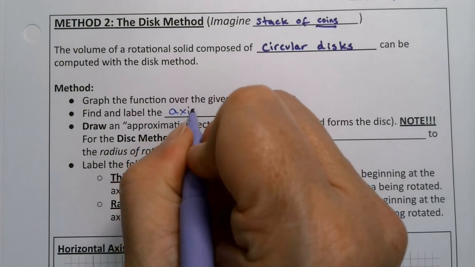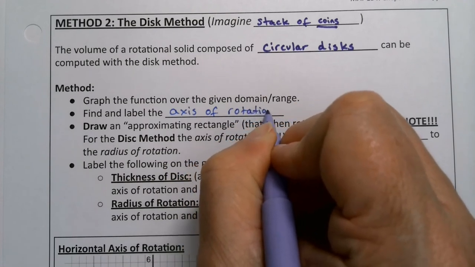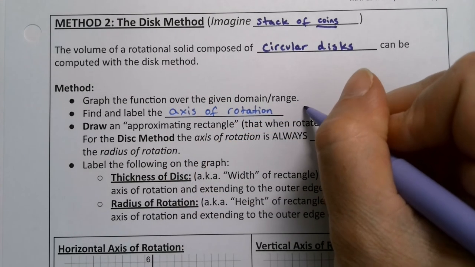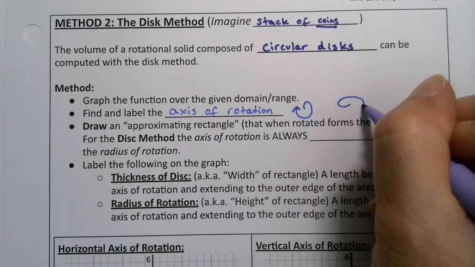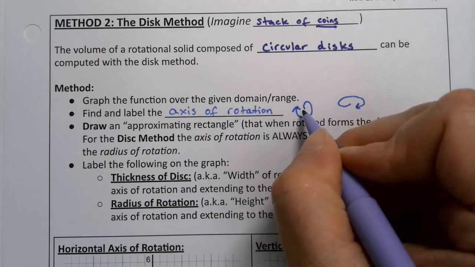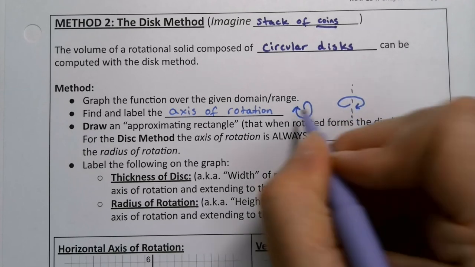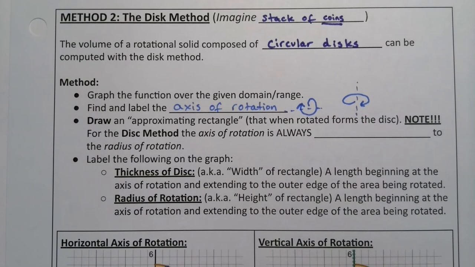Your axis of rotation must be labeled. We notate it with either a spinning arrow this way or a spinning arrow this way. This is if it's rotating around, say, the x-axis, and this is if it's rotating around, say, the y-axis. Right? Your spinning axis of rotation, which on a lathe would be the post that you're spinning around, that kind of thing.